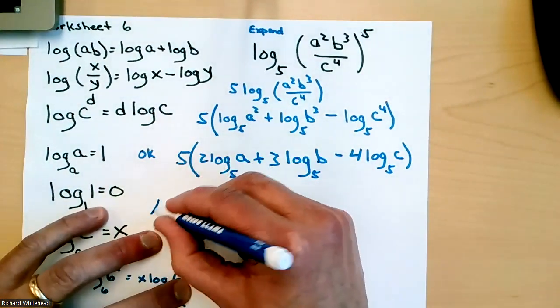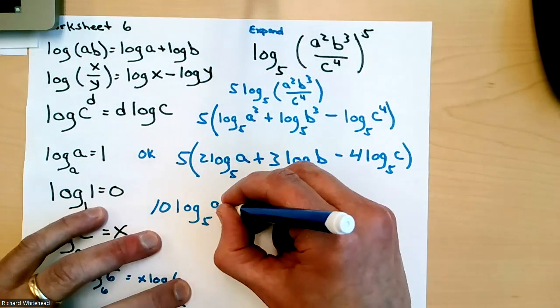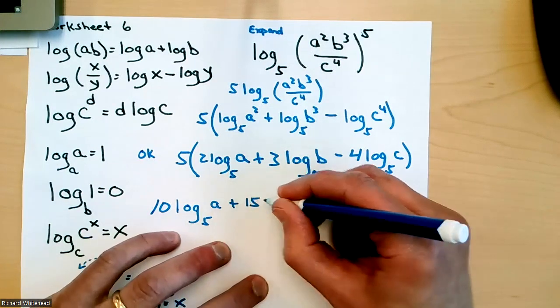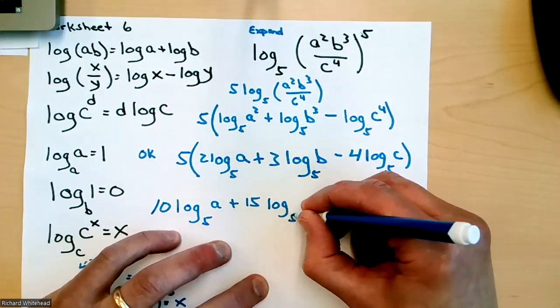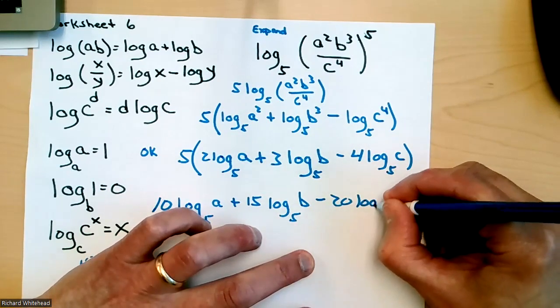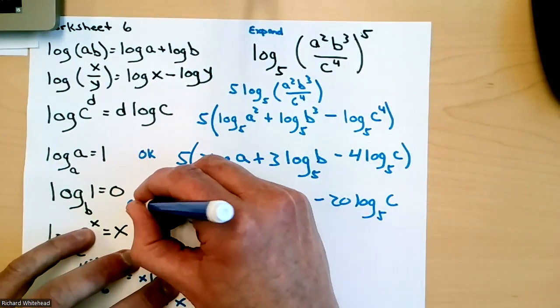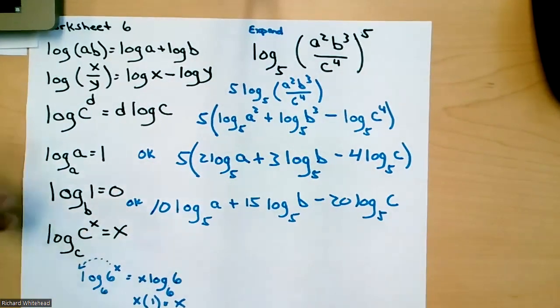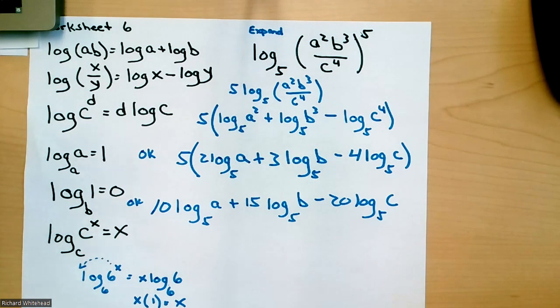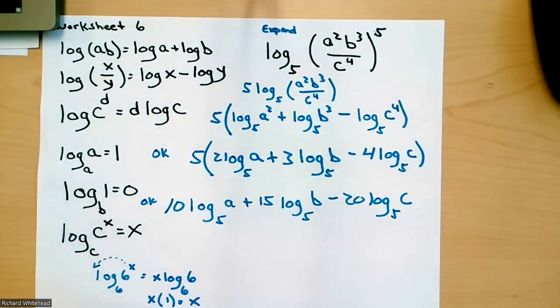Or if you multiplied it out, that's 10 log base 5 of A plus 15 log base 5 of B minus 20 log base 5 of C. Both of these would be acceptable answers. This is kind of excessive. When you look at the practice problems, they're not all this crazy, but this is what we would consider expanding.